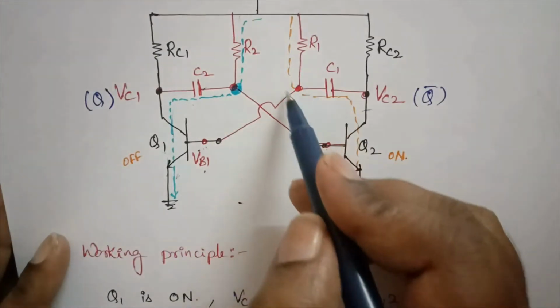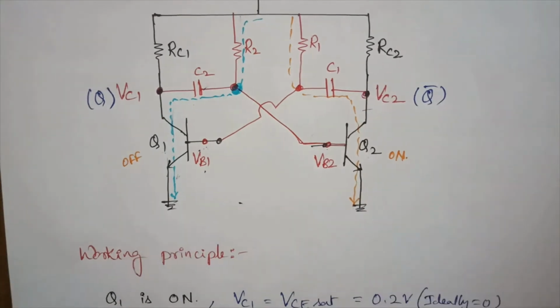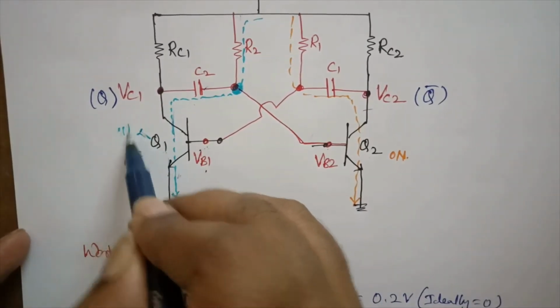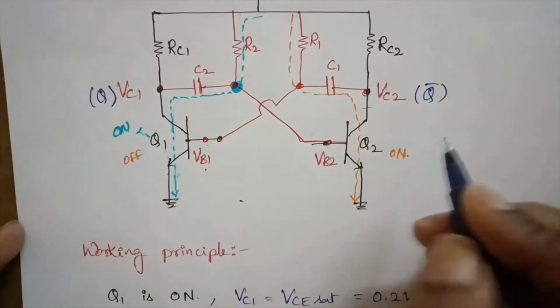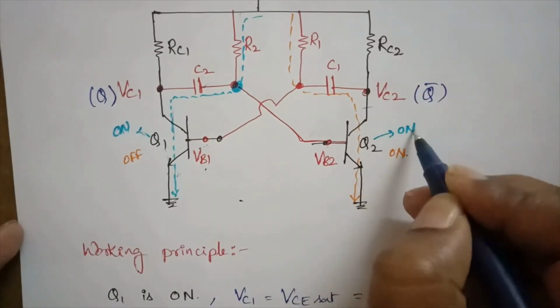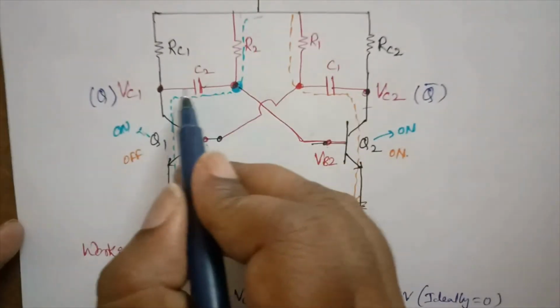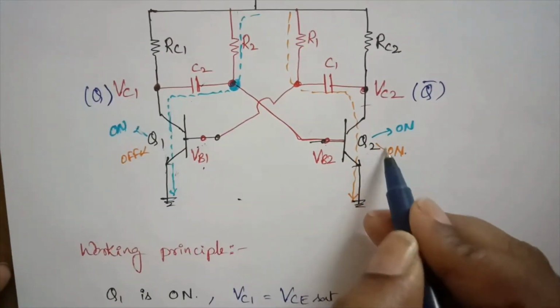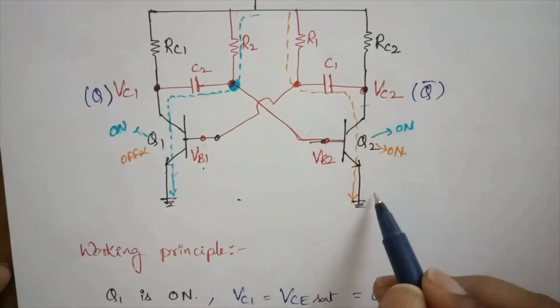So here we are having the closed path. In the before case, when Q1 is on, Q2 is off, we are getting the closed path here. But when Q1 is off and Q2 is on, we are getting the closed path here.